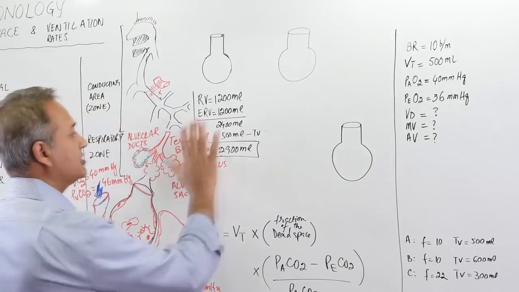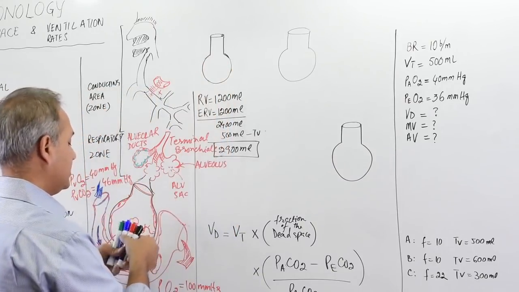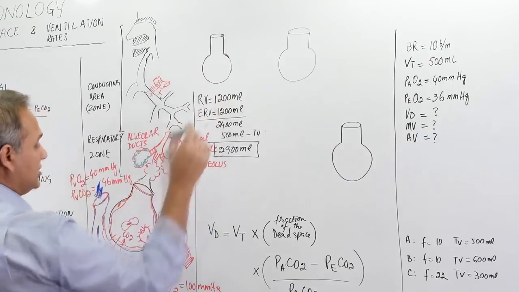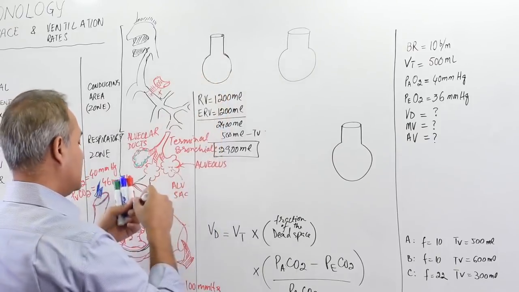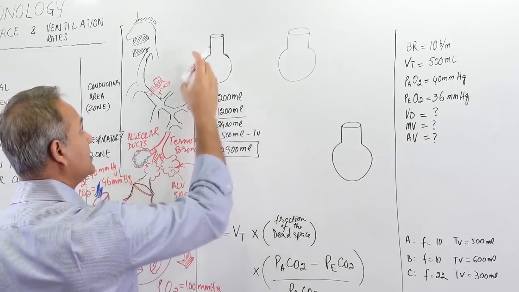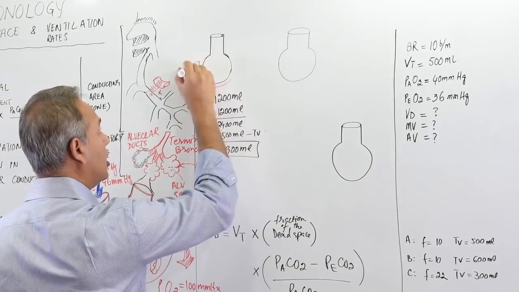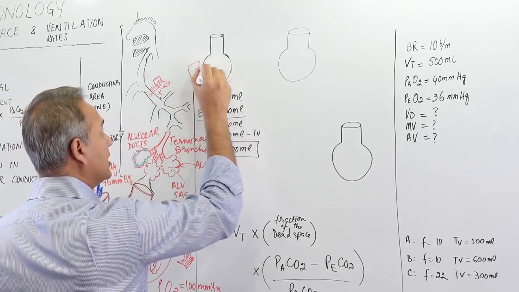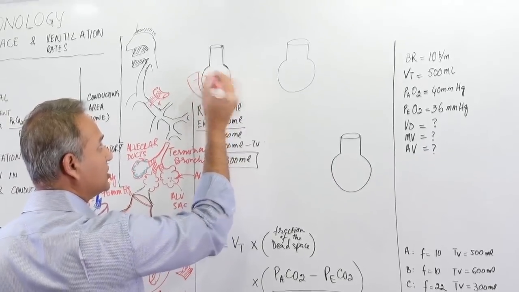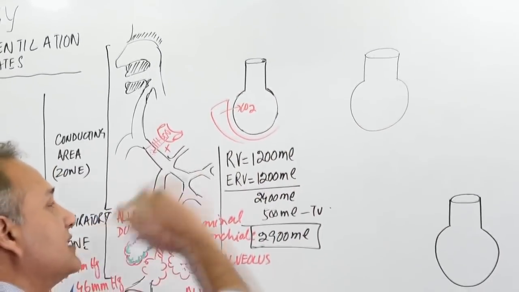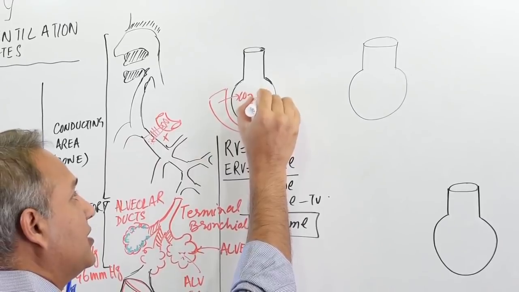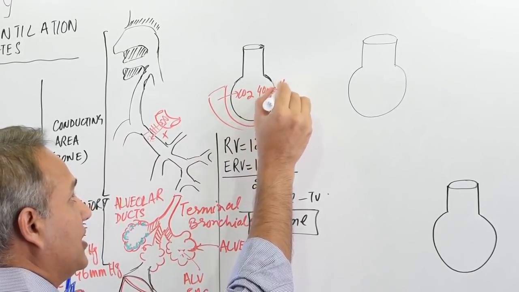So let's see this. First, what is the composition here? We talked about that. Inside the alveolus, the blood has brought carbon dioxide here. So let's make an assumption that the carbon dioxide pressure is 40 millimeter of mercury.